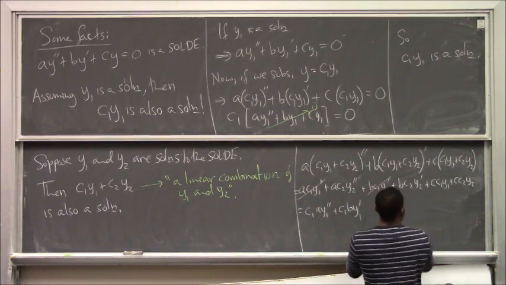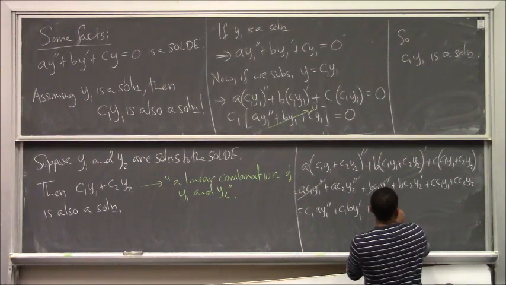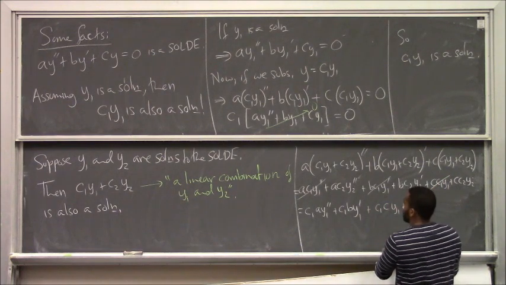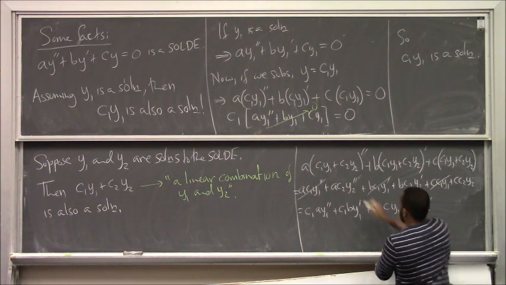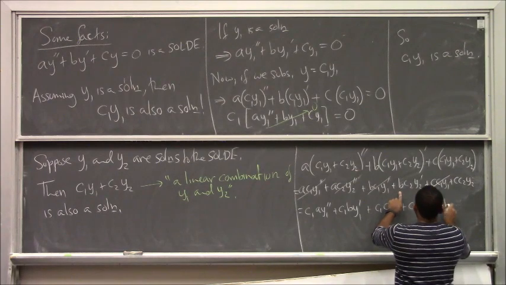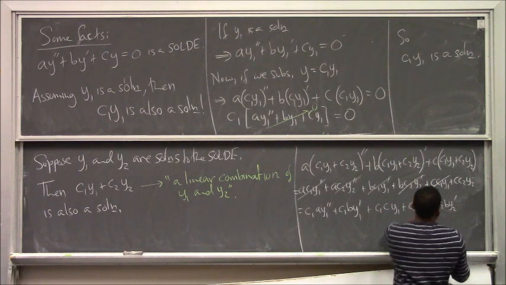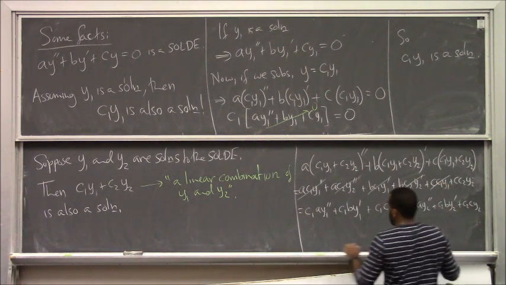And then here I have plus C1 times C y1, plus I have C2 times A y2 double prime, C2 times B y2 prime, and C2 times C y2.